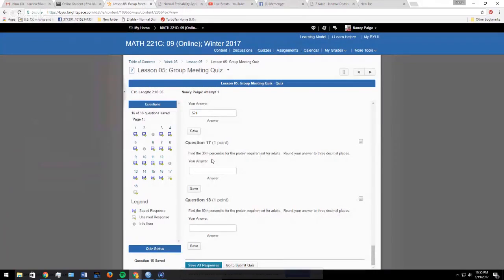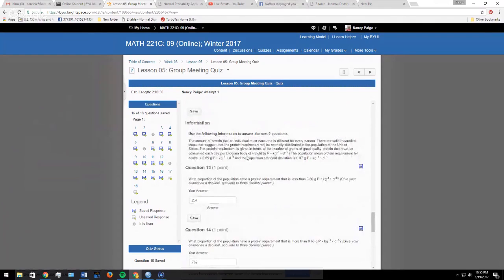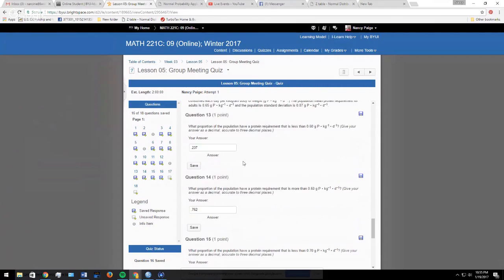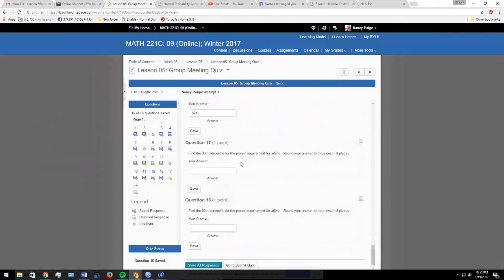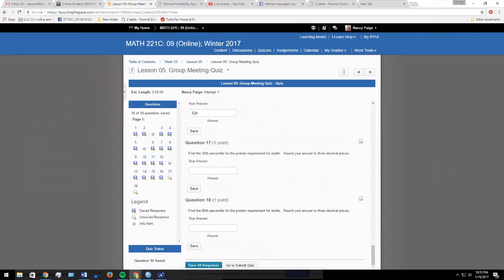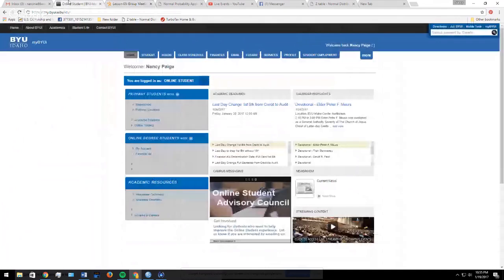Find the 13 percentile for the protein required. Does it say what we have to do in there? Let me find the thing.